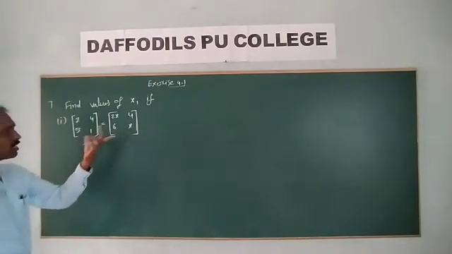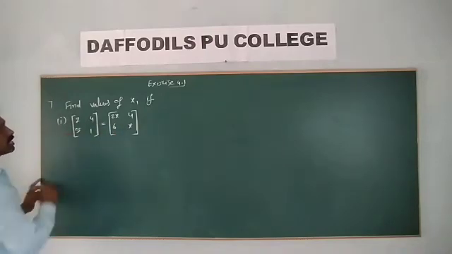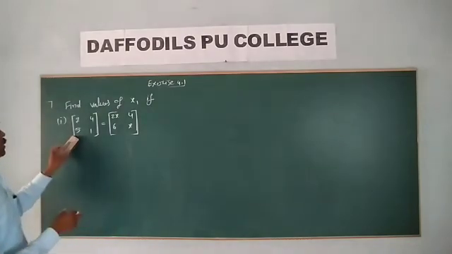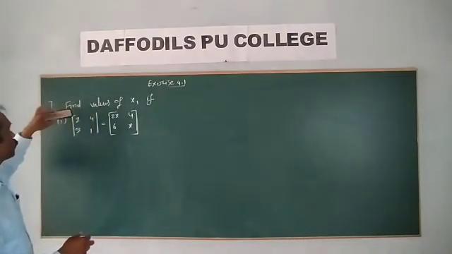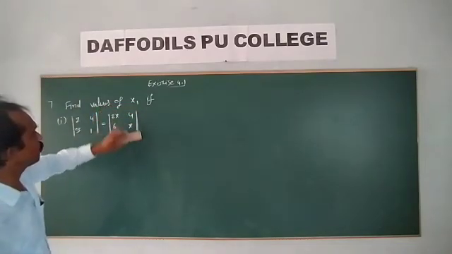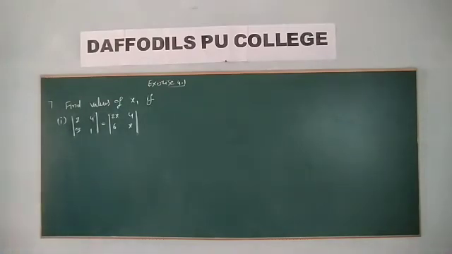But here these are not matrices, and the corresponding elements are not equal. This is a determinant, not a matrix. Some students think this is a matrix and compare corresponding values. Don't do that. These are determinants.